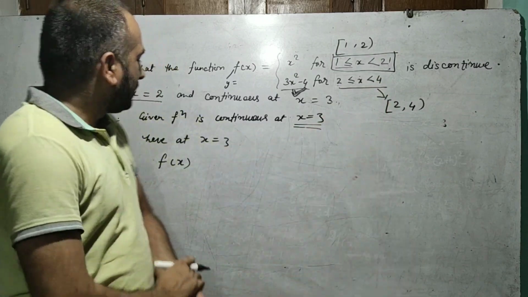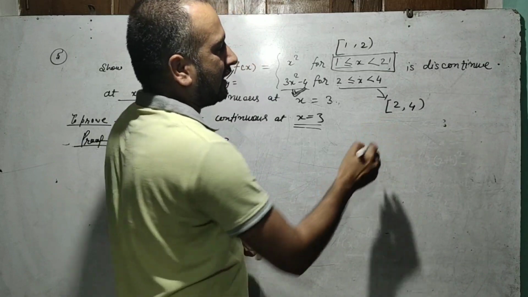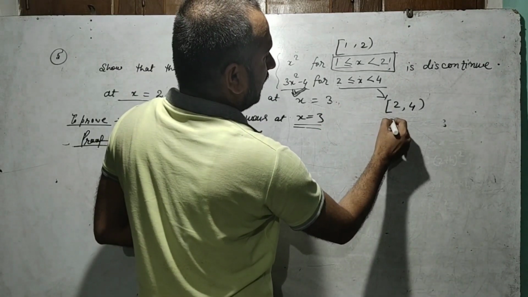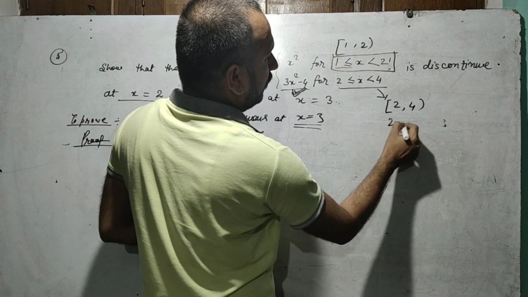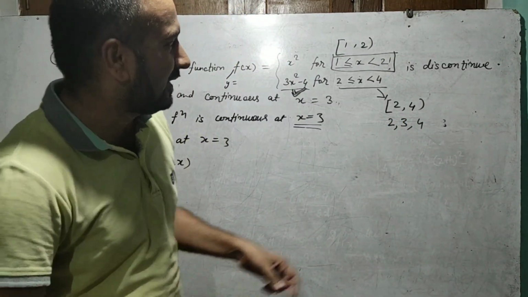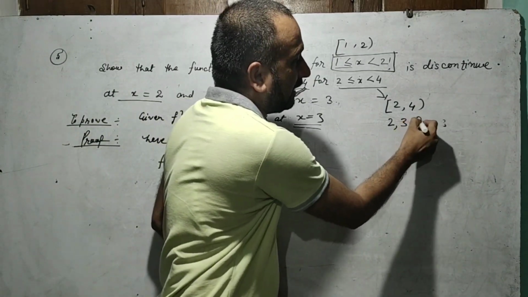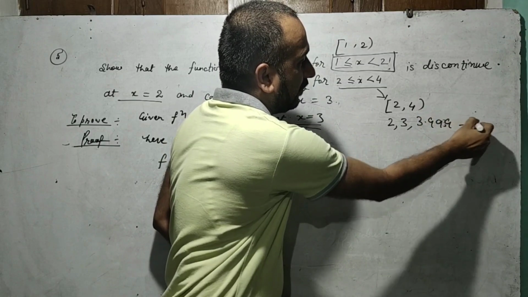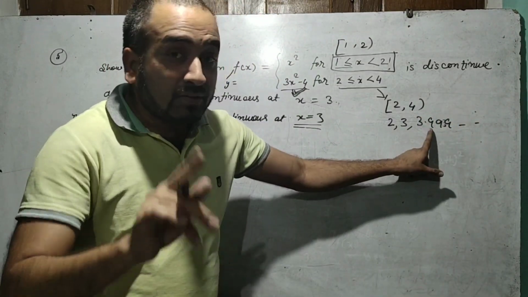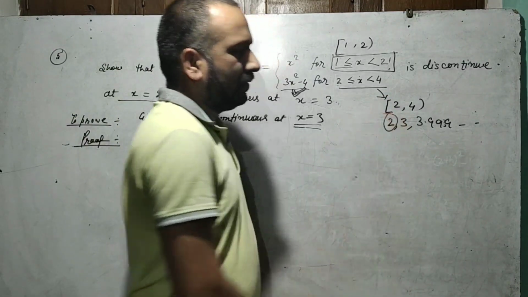Is it clear? Suppose I am taking, it's a supposition students, the values 2, 3, 4. You can also take real numbers. So 2, 3, then not 4 but 3.999, because x is not equal to 4, but of course we can take 2.